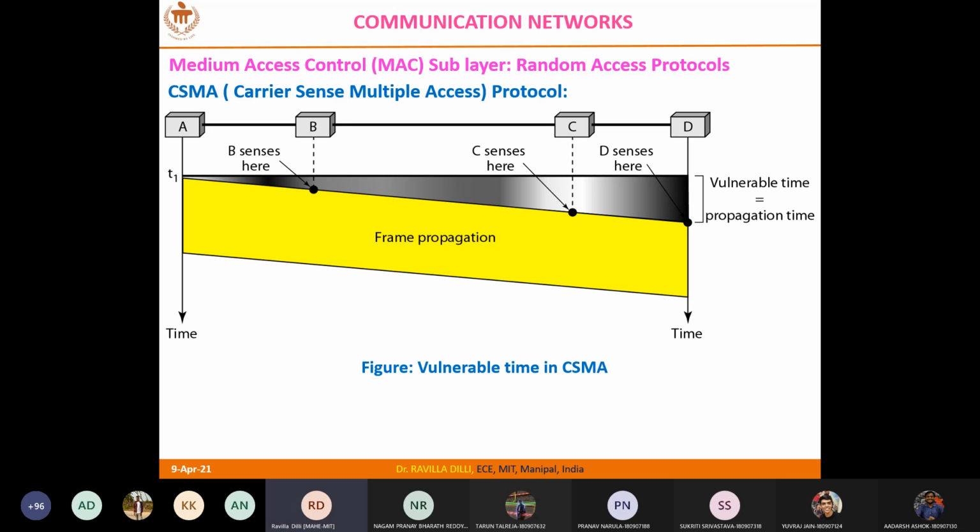So the vulnerable time in CSMA is the propagation time. What is that propagation time? The propagation time between the two extreme nodes in the network, which is nothing but the longest propagation delay in the network. That is your vulnerable time.